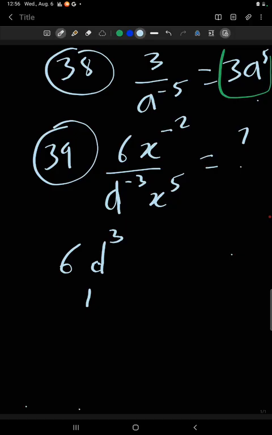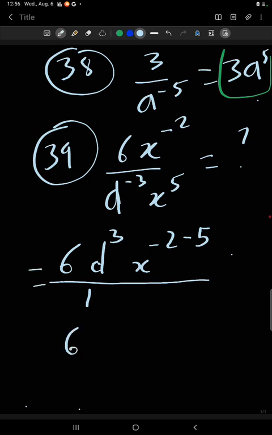Okay, I'll just do it this way. So our x's, it's x to the power negative 2 minus 5. That's the total power for x. Therefore, we're going to have 6 d cubed x to the negative 7.